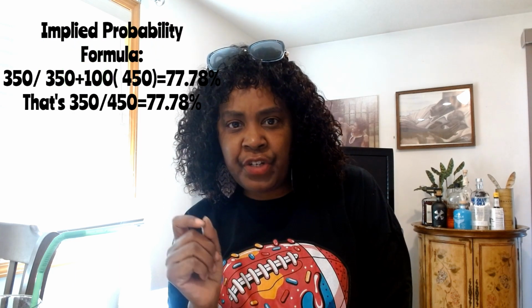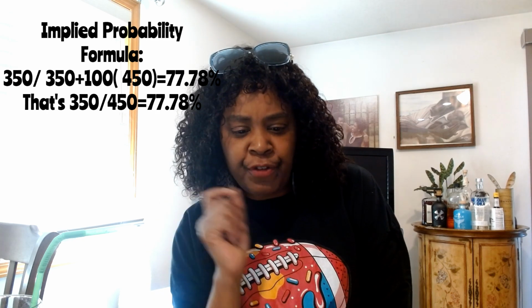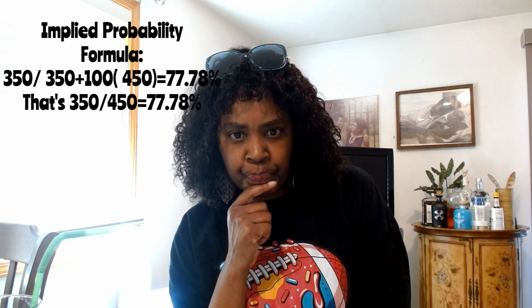Real talk, this is a math lesson, but I promise it's one you're actually going to use, because it's going to help you save coins. Let's say you see a line like minus 350. That's a big favorite. The formula you'll use is 350 divided by 350 plus 100.